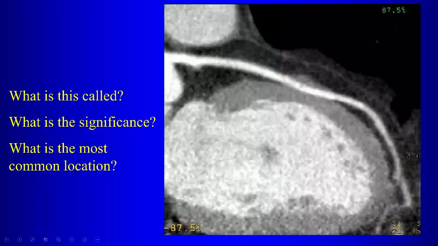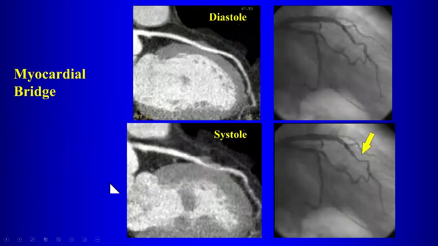Yeah, if it's a deep bridge, but in most cases, myocardial bridges are asymptomatic and incidental findings on CT. The most common location for a myocardial bridge is right where you see it here in the mid-LAD. So the mid-LAD is the most common location to find the myocardial bridge.